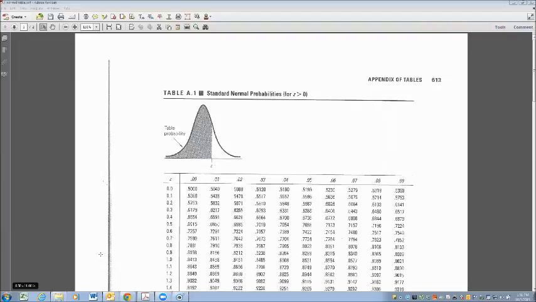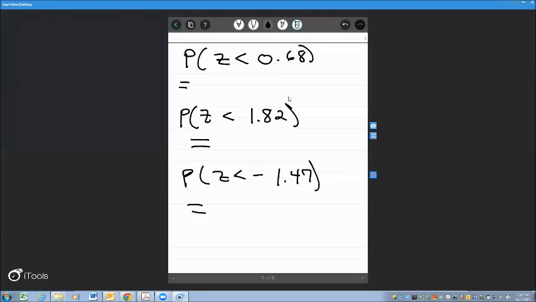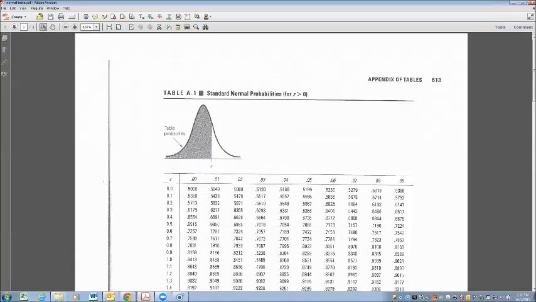The first one we're going to look at is the probability that z is less than 0.68. So to come up with a probability that z is less than 0.68, I'm going to go to my normal table.